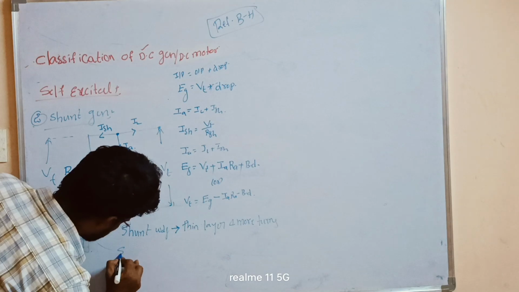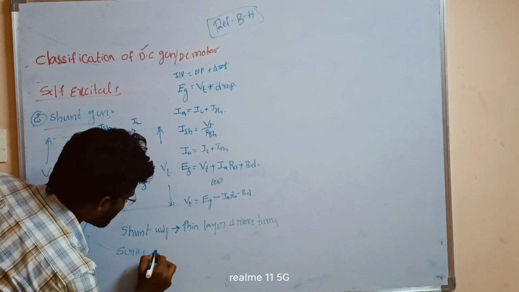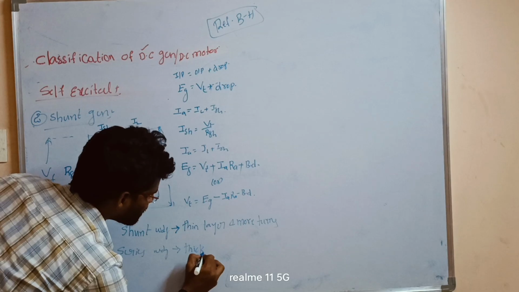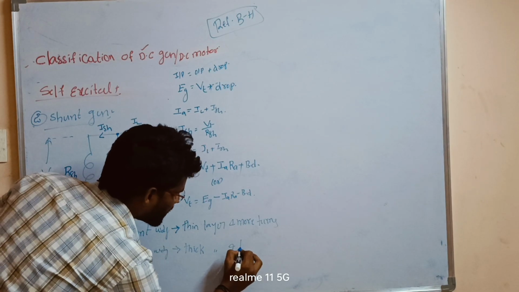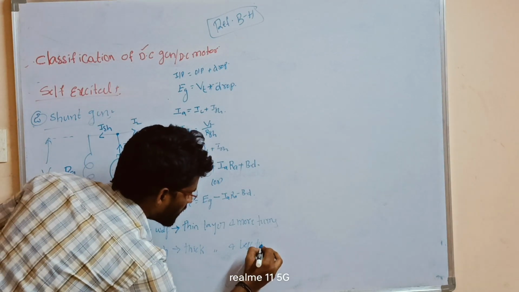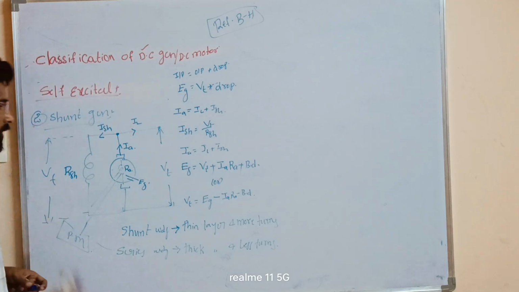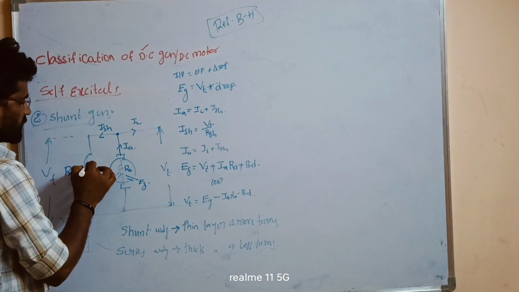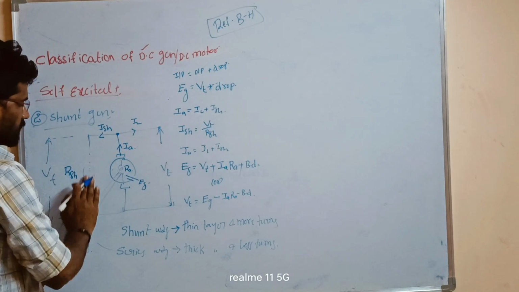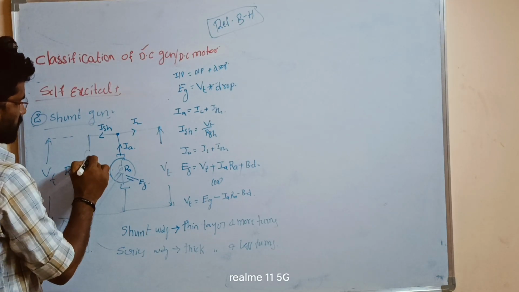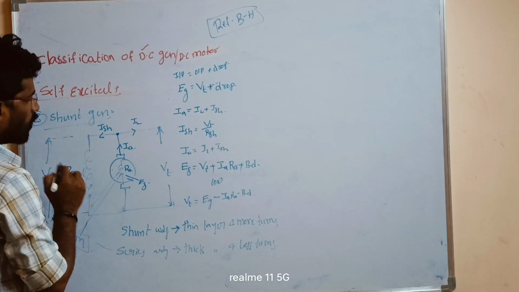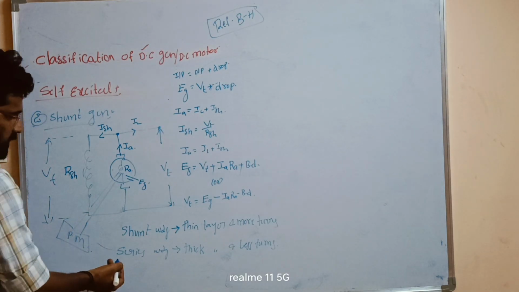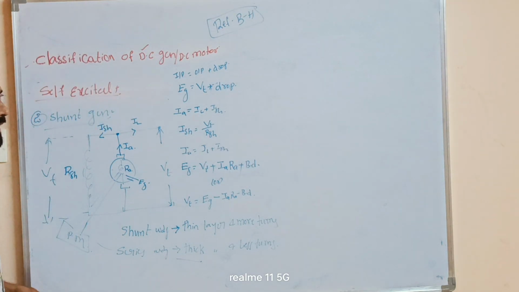But the series winding is a thick layer with less turns. So the shunt winding is very thin but has more turns, while the series field winding is thick and has less turns.